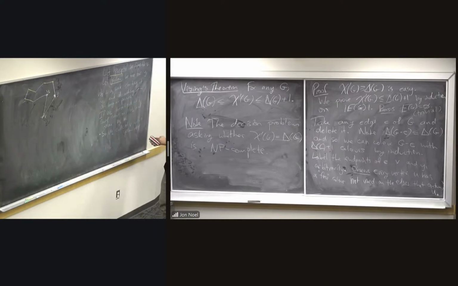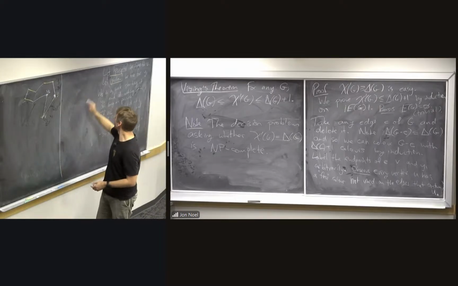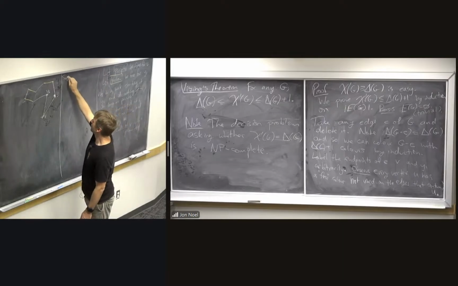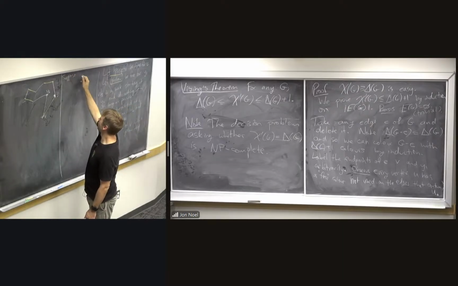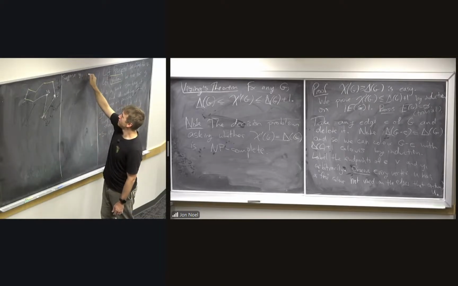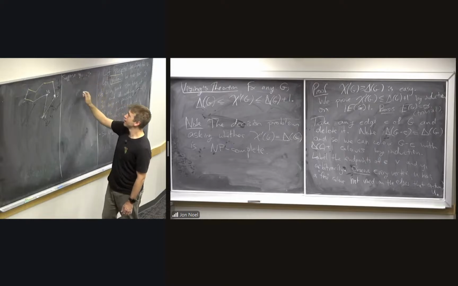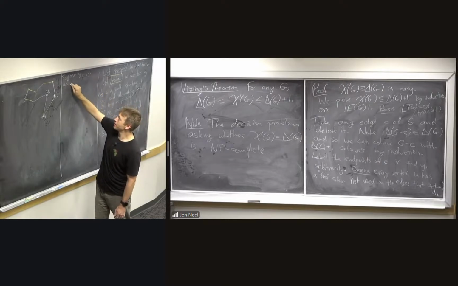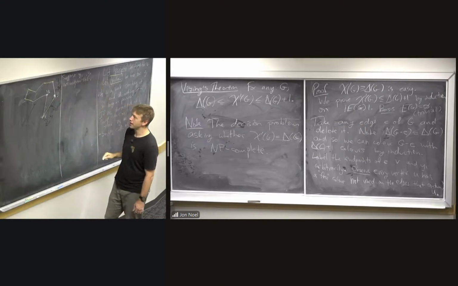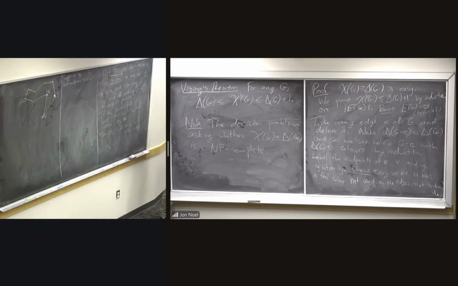So in general, suppose Y1 up to Yk are neighbors of V. Okay.